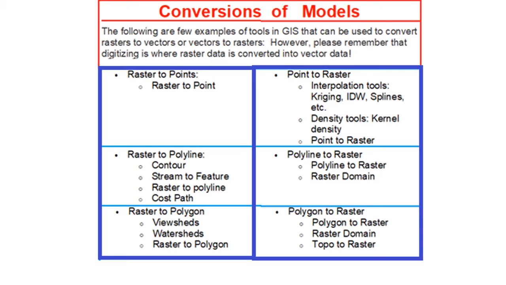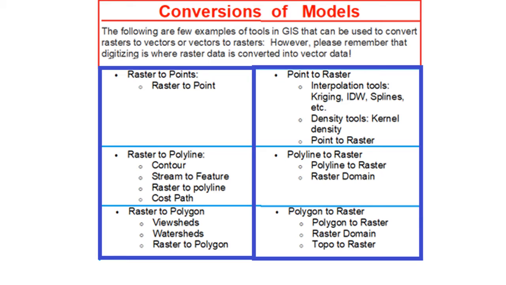And the second one, the lower one, raster to polyline. This is the line. Contour, stream to feature, raster to polyline, cost path. So these are different types of data which we need. The contour will be shown by a line.